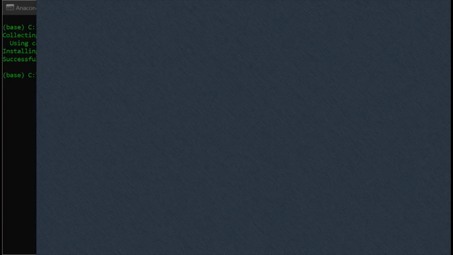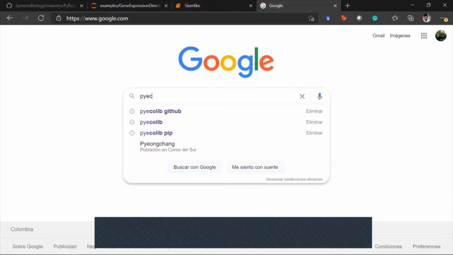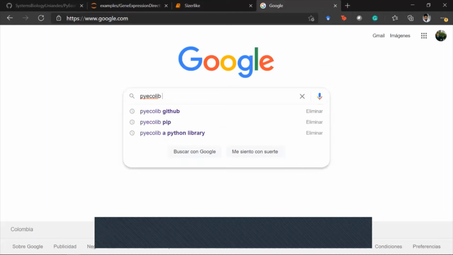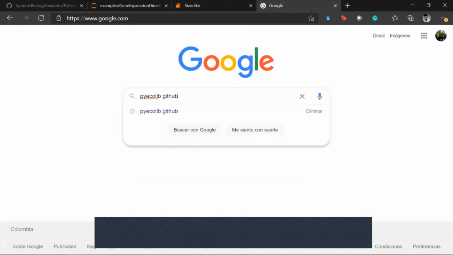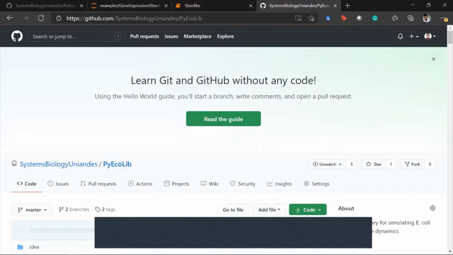So you can learn about the library by looking at our repository. You can Google it, searching for PyEcoLib GitHub, and the first result is our repository in GitHub.